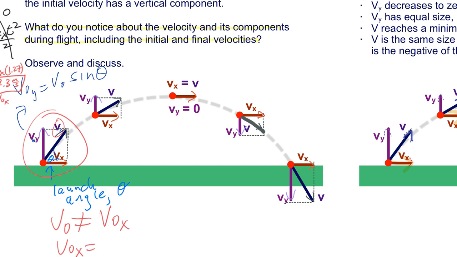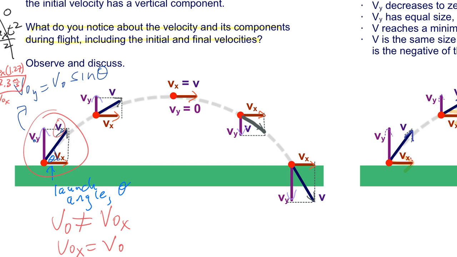VOX is going to equal VO cosine of theta, because it's the adjacent side of this triangle right here. There's the launch angle theta. Here's VOY, VOX.